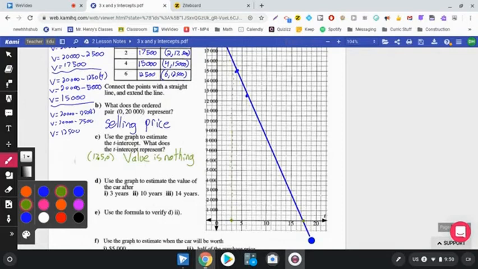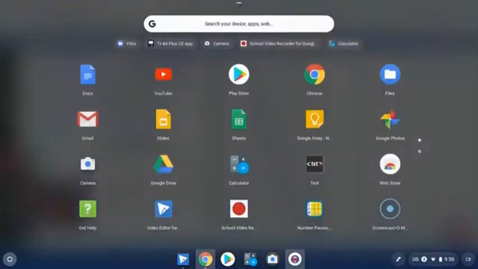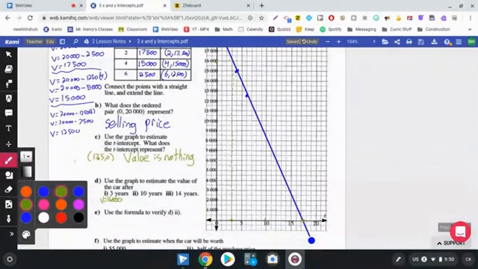Oh, it's right here. $16,000. 10 years, I do the same thing. I start at 10, mark my way up the graph, find that point on the graph, and then I can go over horizontally right in the middle of 8,000 and 9,000. So that would be 8,500.